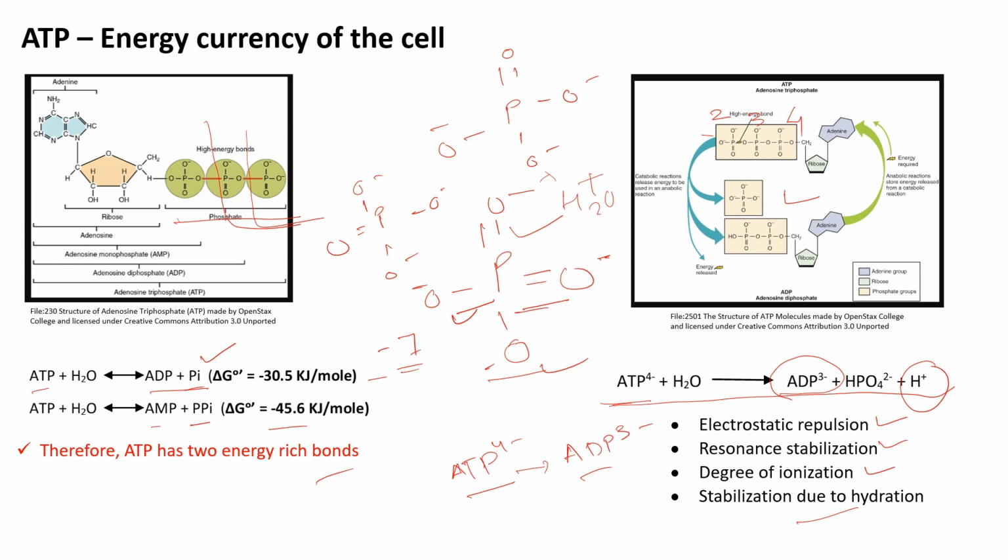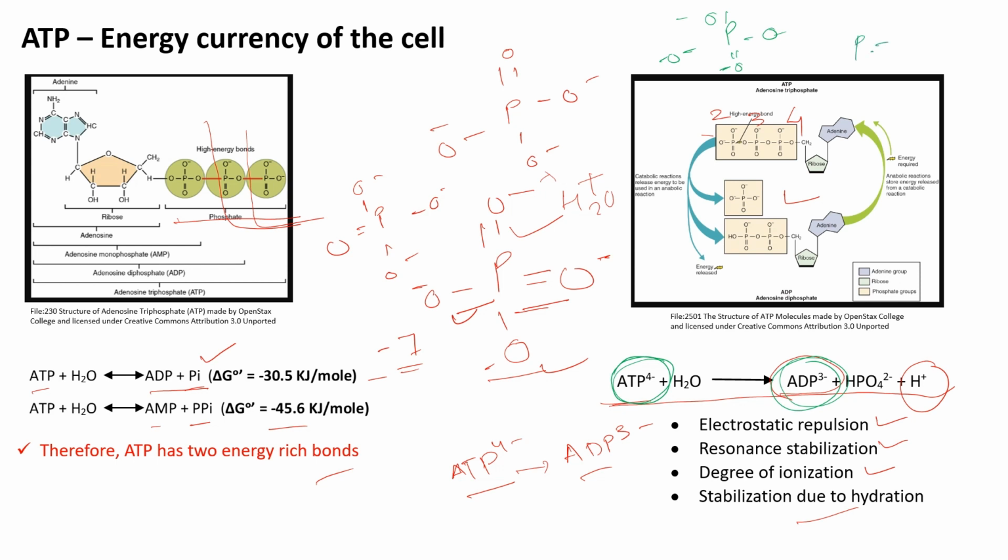First is electrostatic repulsion. If we see, ATP is 4 minus, ADP is 3 minus. So definitely electrostatic repulsion will be less in ADP compared to ATP. Second is resonance stabilization. Because in case of PO4, we can write like this, keeping the double bond here.